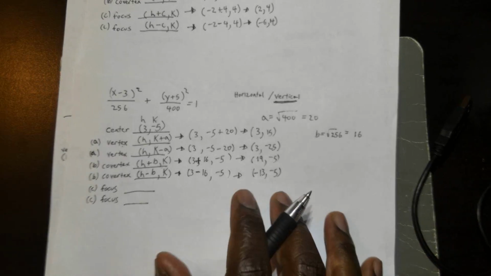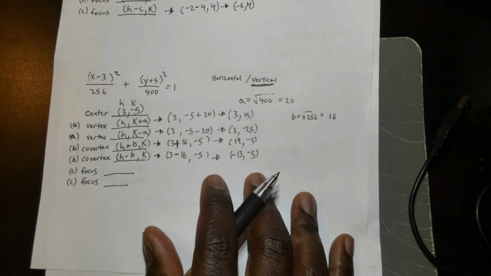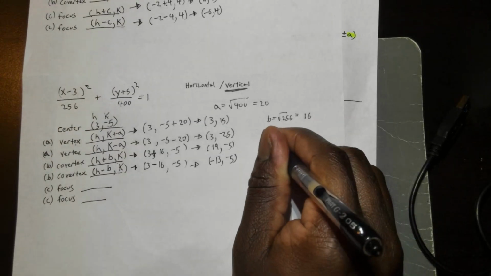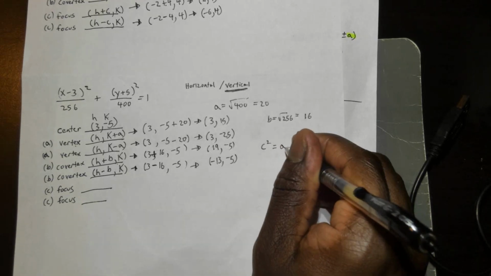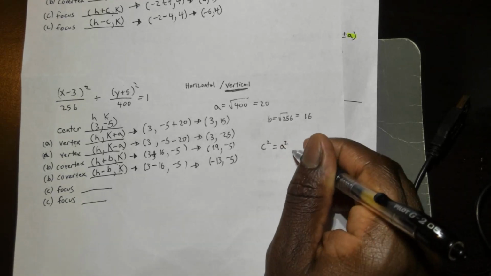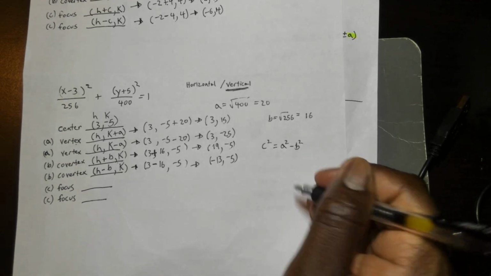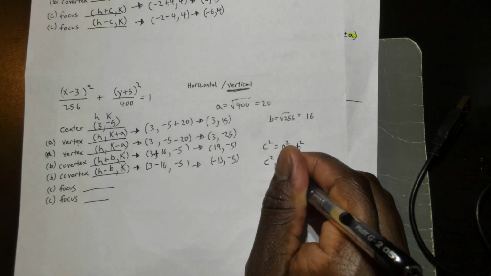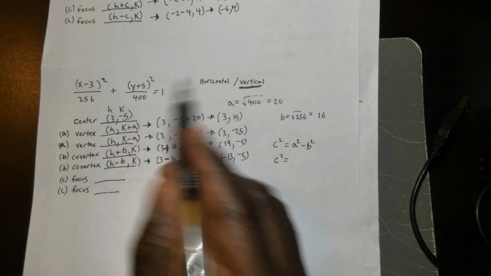Our focus, do you guys remember the formula that we're going to need to work out our c value so we can get our focus? Well, remember, it's like Pythagorean theorem, but it's a little different. So as opposed to a squared plus b squared, you're going to have a squared minus b squared when we're talking about the ellipse. So we plug in our numbers, so c squared equals, a squared is the larger one, so that's 400.